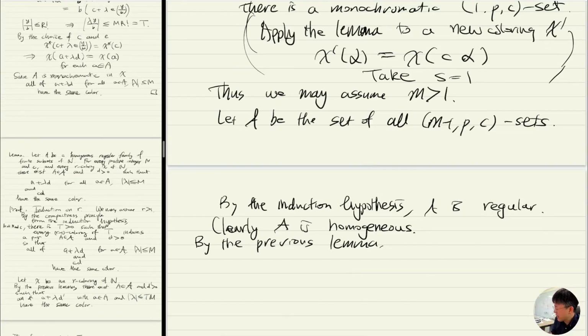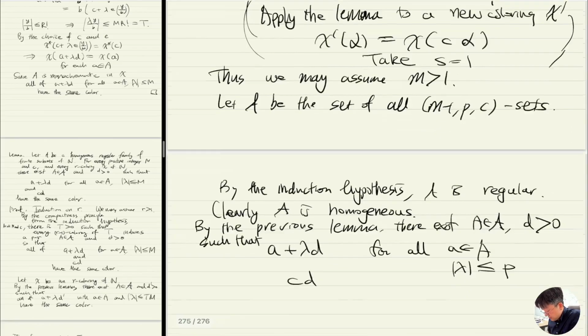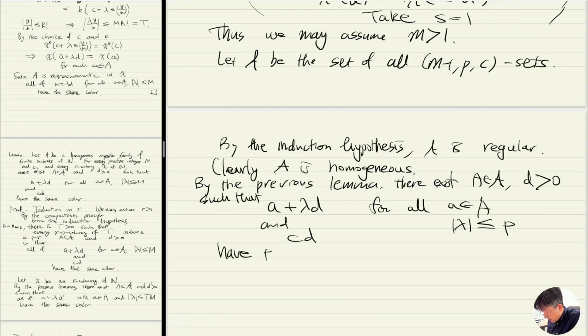From an mpc set, and from an (m-1)pc set, a plus lambda d and cd for all a in A. So there exists a monochromatic... there exists a in A and d positive, such that a plus lambda d for all a and lambda in at most m, oh yeah, instead of m I will take a p, and cd have the same color.